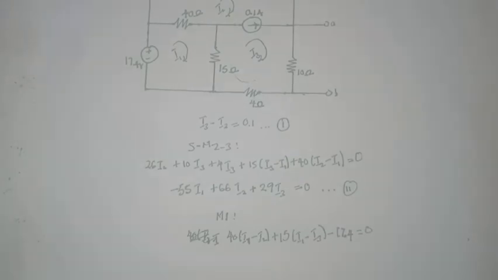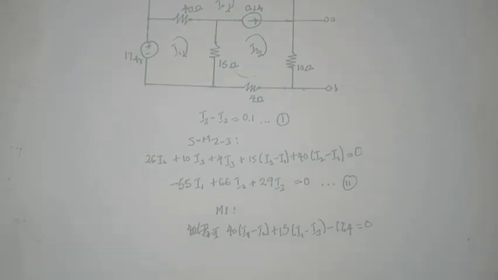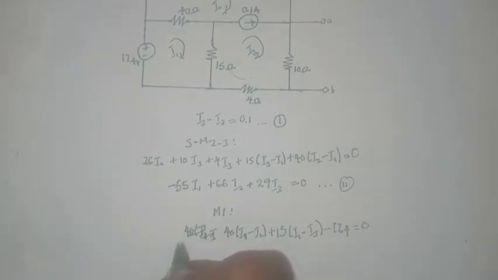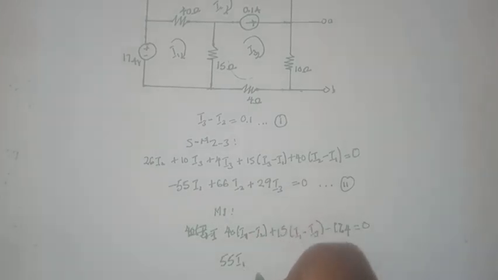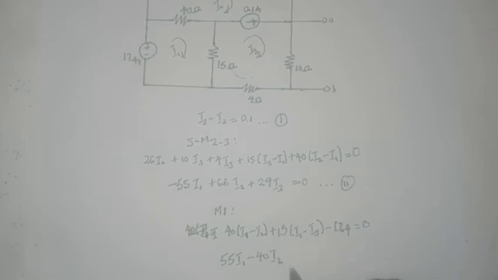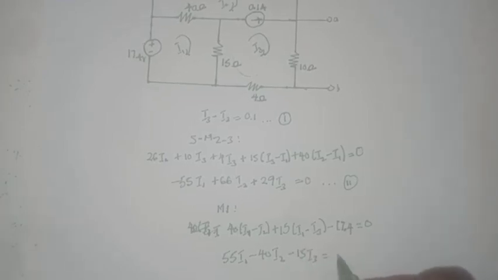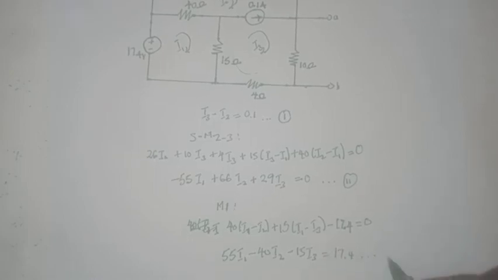We can then say that 55I1 minus 40I2 minus 15I3 equals 17.4. We can call this our third equation.